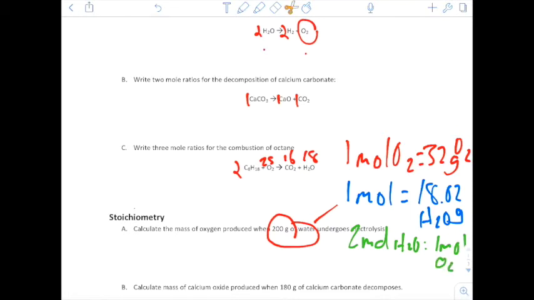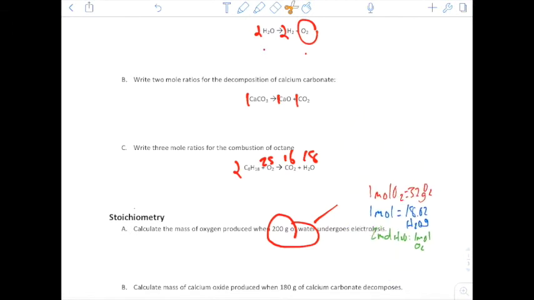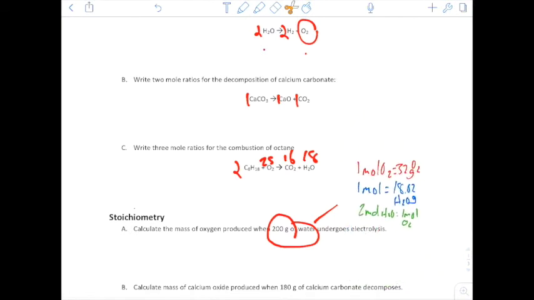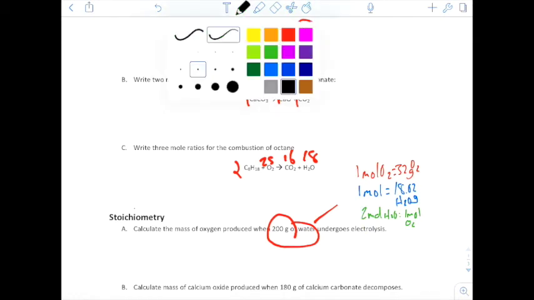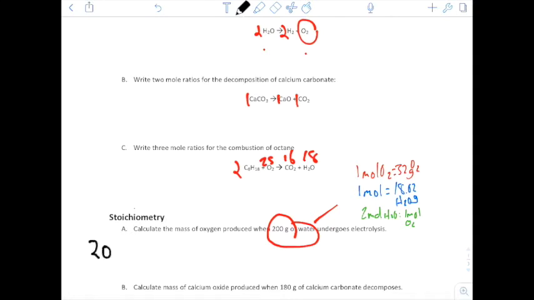Okay, we're going to take these and plug them into our dimensional analysis. We'll shrink them a little bit so we know what we're working with. And we say that we're starting with 200 grams of water.